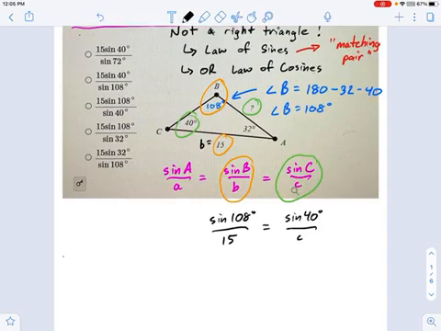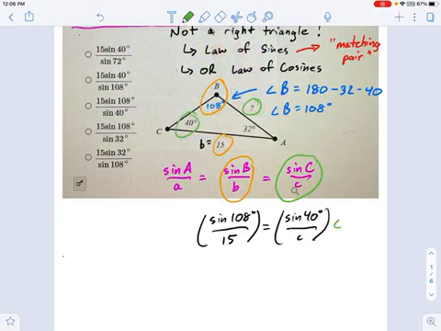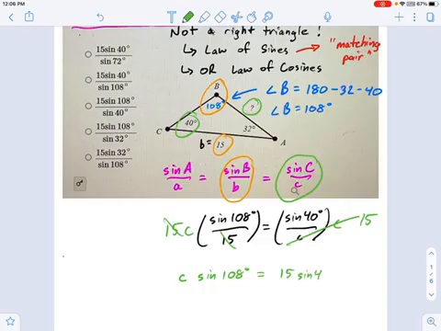Well, we have to do some algebra at this point, but it's not too bad. I'm going to multiply each of these fractions by things to make them not fractions anymore. Okay, I'm going to multiply each side by C. That's going to cross out these C's. And I'm going to multiply each side by 15. That's going to cross out the 15s. So what we get is the following. I get C times the sine of 108 equals 15 times the sine of 40 degrees.